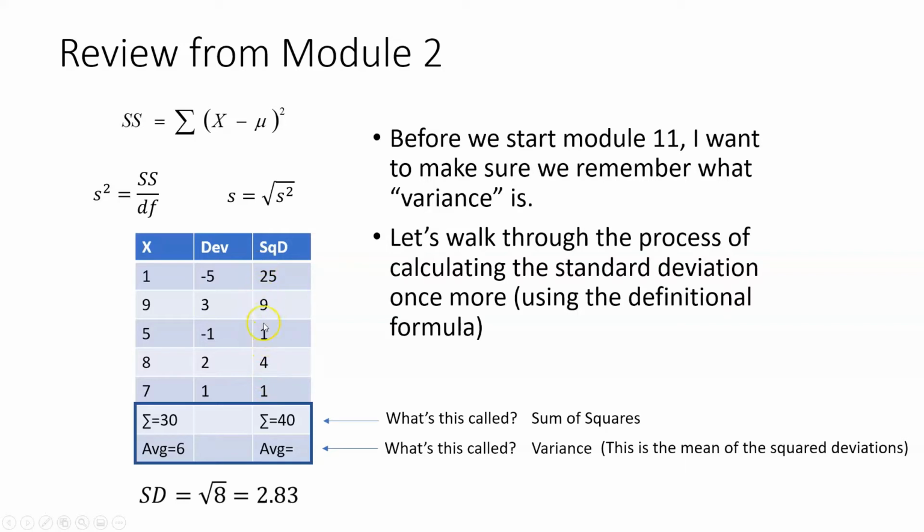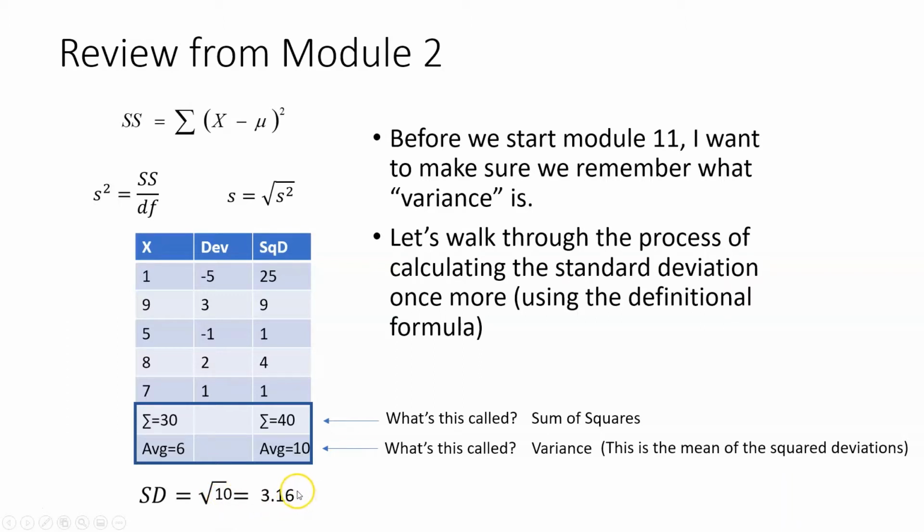We have 5 scores minus 1 is 4. 40 divided by 4 is 10. Then to compute the standard deviation for this sample, we would take the square root of 10, and instead of the square root of 8 like before, the square root of 10 is 3.16.